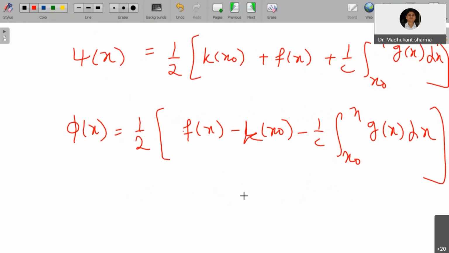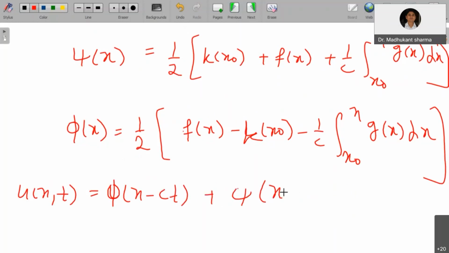Now you have the definition of phi and c. Now you can certainly find out u of x comma t. What is u of x comma t? It is phi of x minus ct plus c of x plus ct. So replace x by x minus ct in phi and x by x plus ct in c, and substitute.